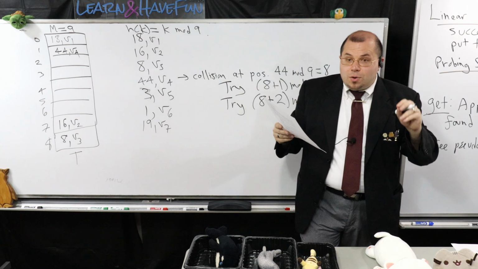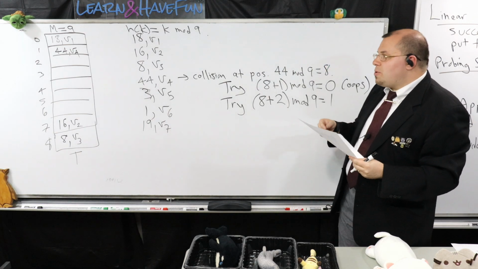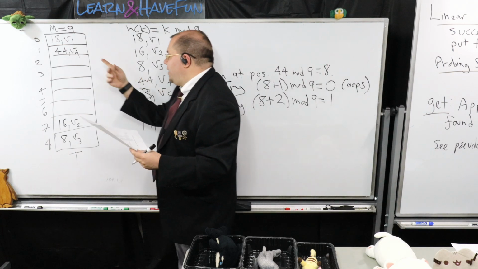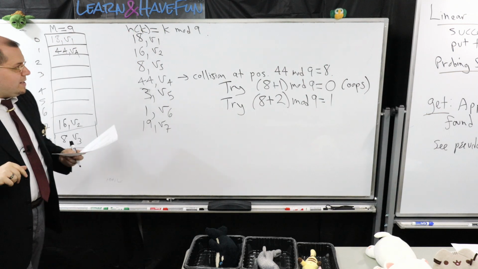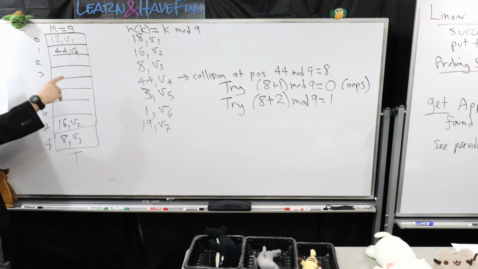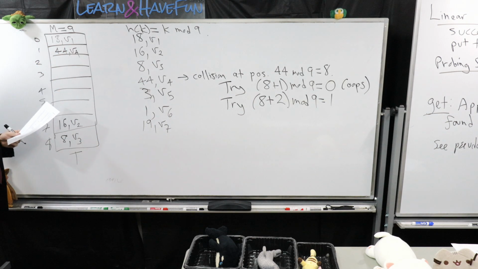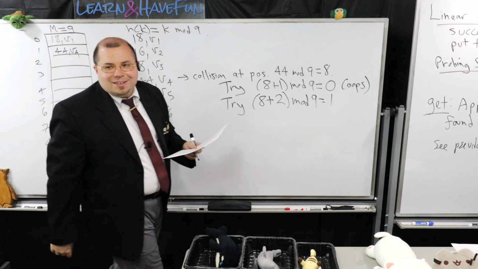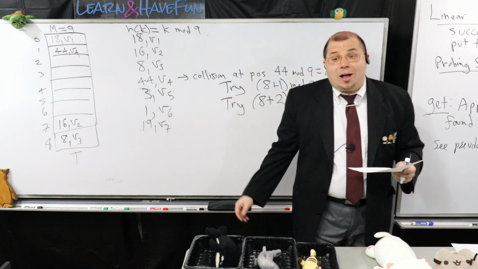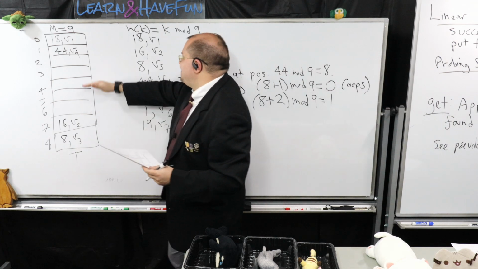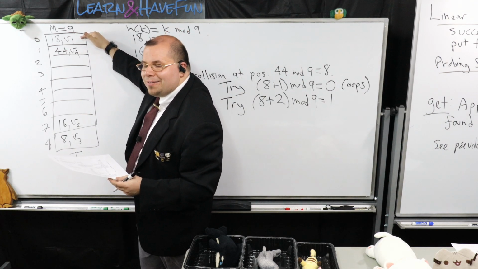Just before we get to our next insertion, I want to show you the idea behind this. If ever I need to get 44, a hash function would tell me to go right here. I can check if that's 44, right? It's not 44, so I apply the probing sequence. It will tell me, check the next one. 44 is not here, right?